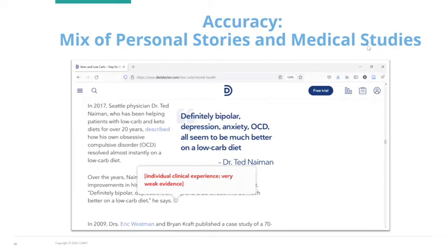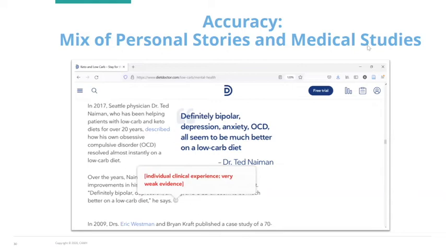Now, when you read this information, it's a big mix of someone's own personal experience and also the medical studies that they are quoting as evidence. And as you see, they're really highlighting information where they say the ketogenic diet is really a cure-all.